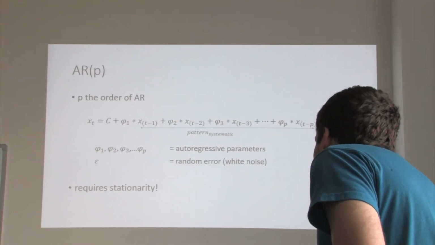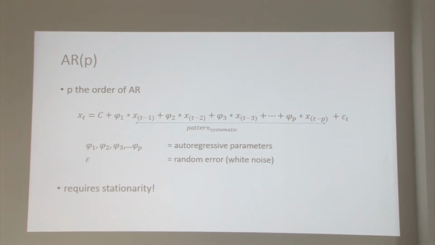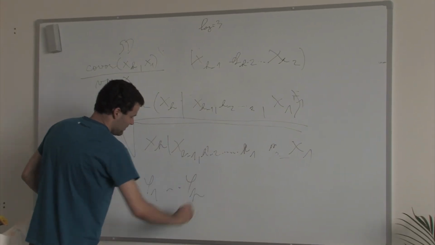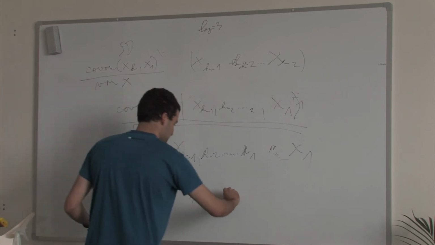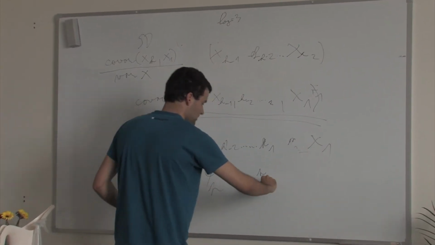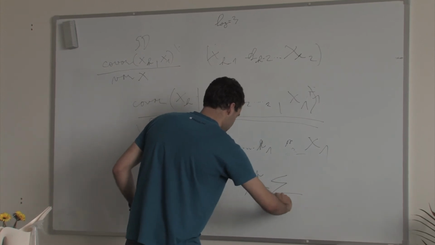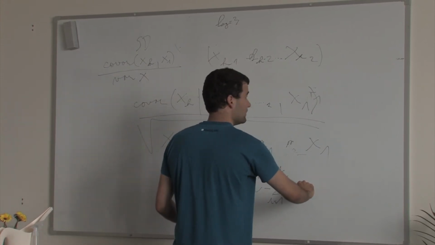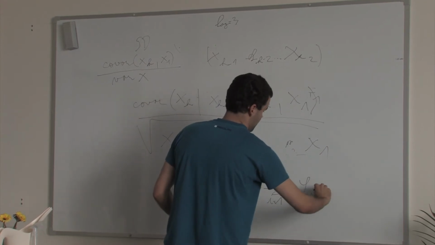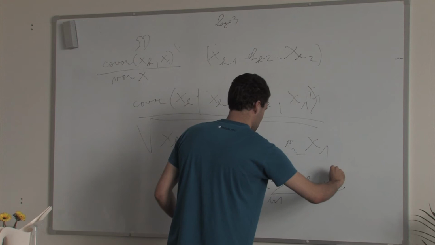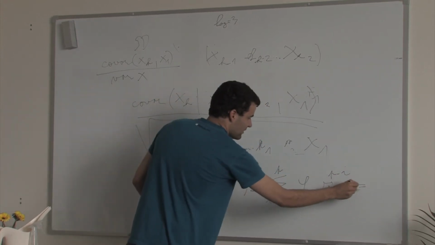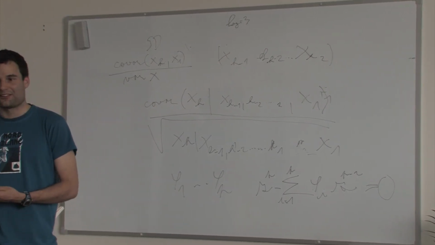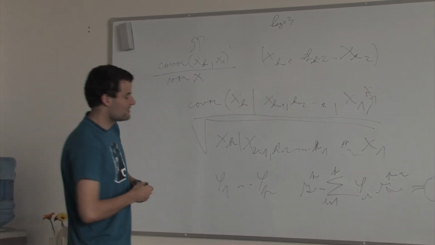Okay, so the condition is that when we take the parameters and create a polynomial, this polynomial has to have all its roots in the unit circle in complex numbers.